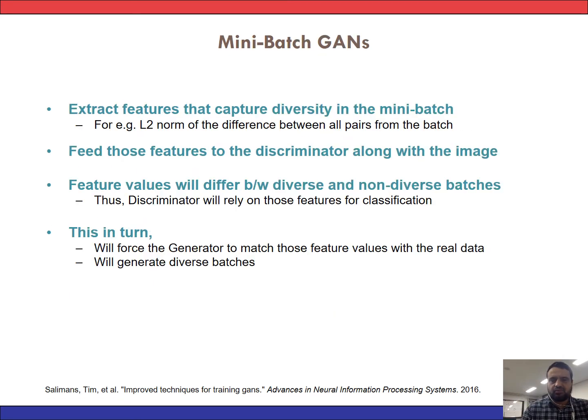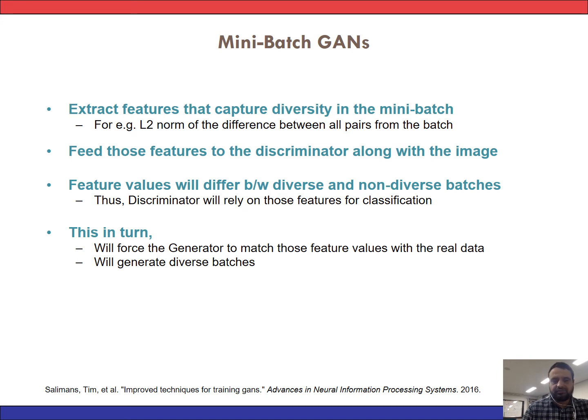Now, to solve the mode collapse problem in vanilla generative adversarial network, the mini batch generative adversarial network extracts features that capture the diversity in the mini batch.